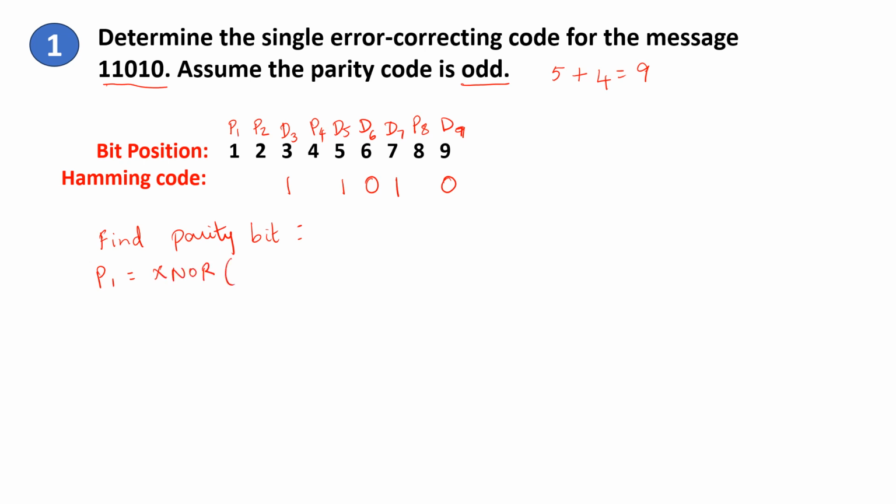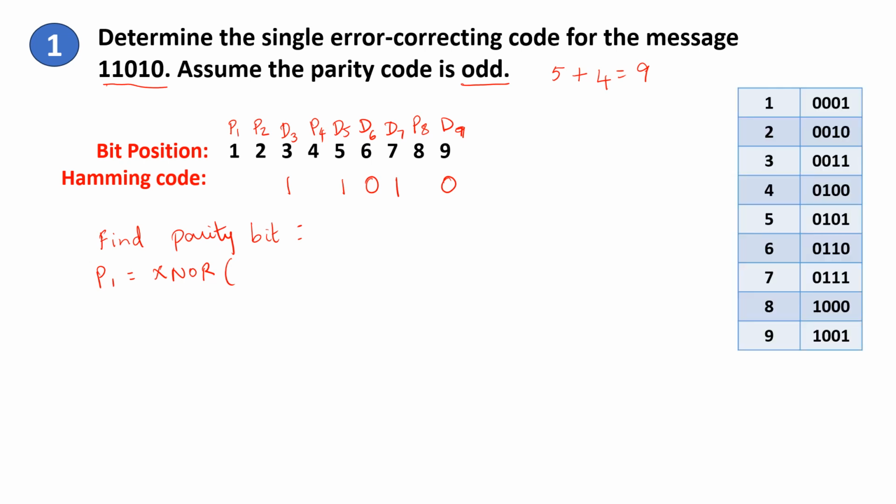If it is even, we use XOR. Since it is odd, we are using XNOR. So we have to perform XNOR on some of the data bits. So let's choose which data bits we have to take. For that, we can refer to the table and we can do it.